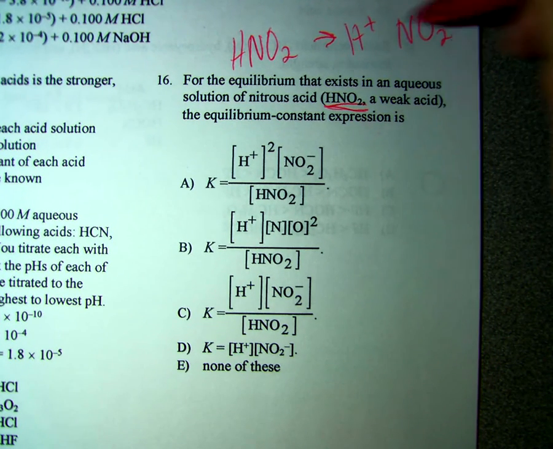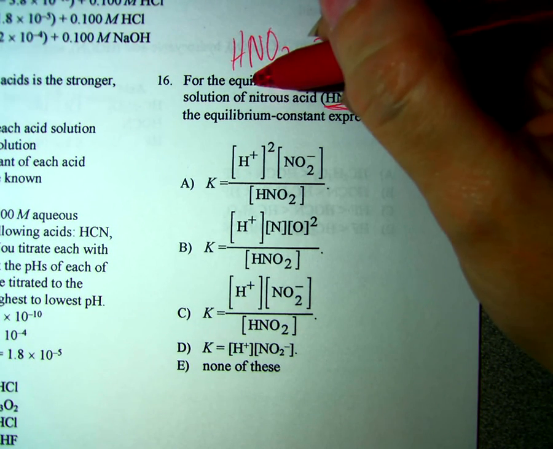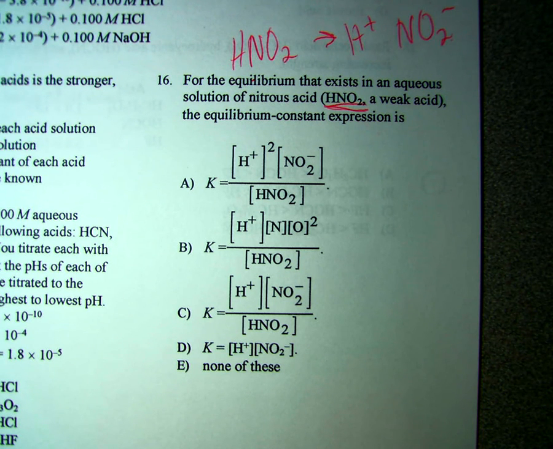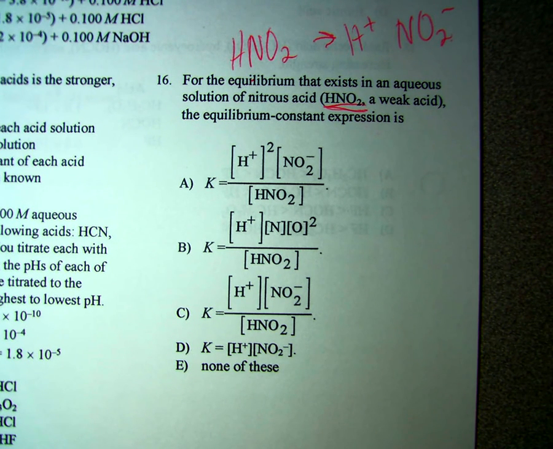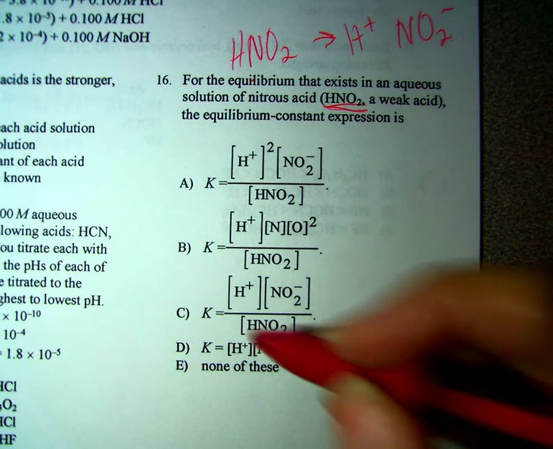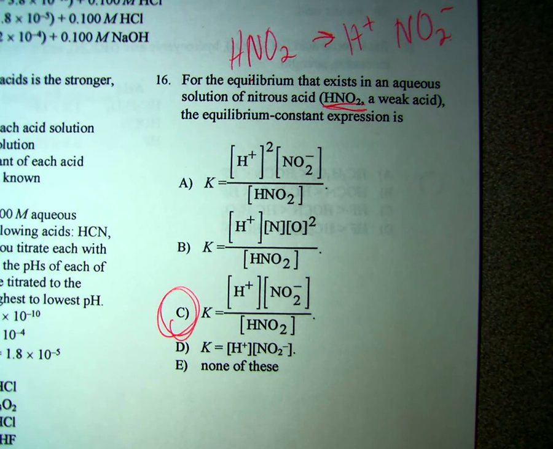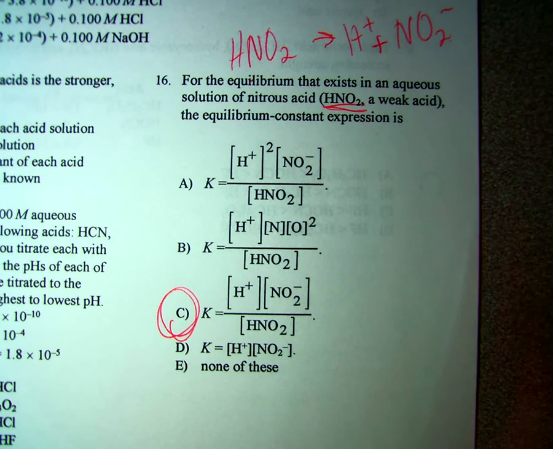Product over reactant. Which one has that? H plus times NO2 minus over HNO2. Why is it times? Because it's the products over the reactants. I'm saying when you wrote it, I didn't put my plus there. Yeah, I was wondering why. I see what y'all were talking about.